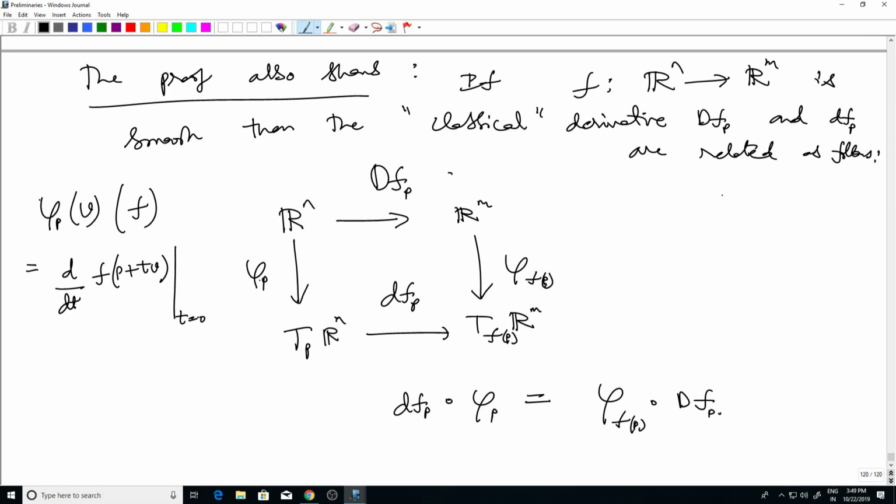And likewise for this as well. So we have proved that Vp is an isomorphism, likewise V f of p, and under these isomorphisms the old derivative and new derivative coincide.